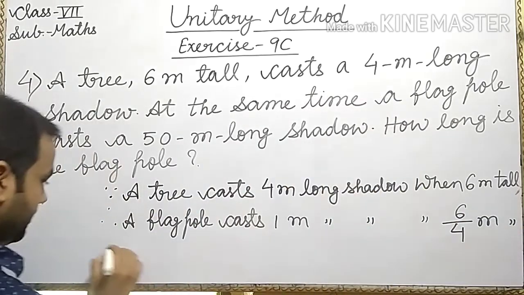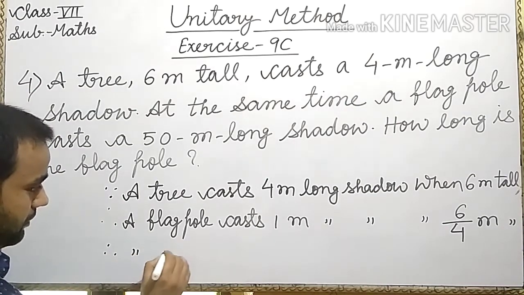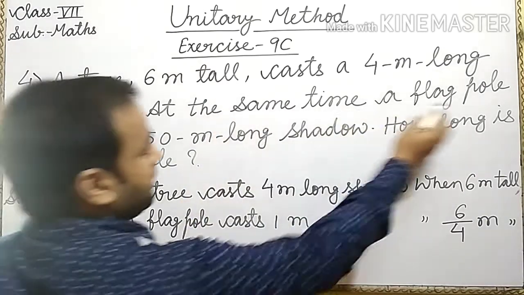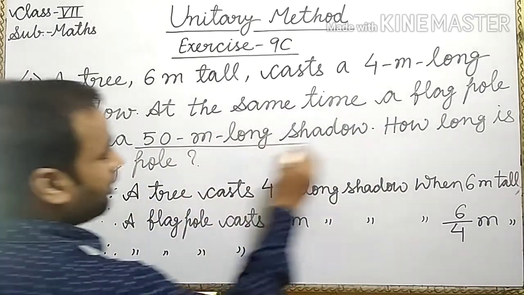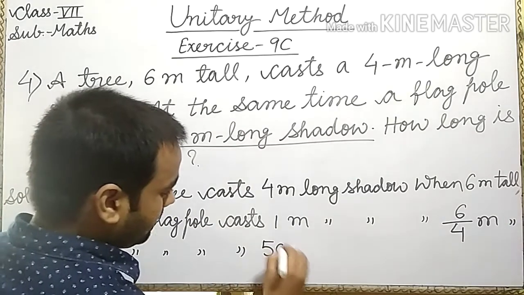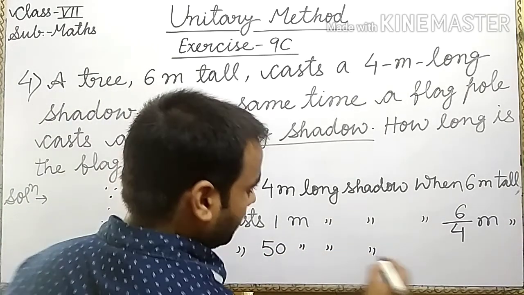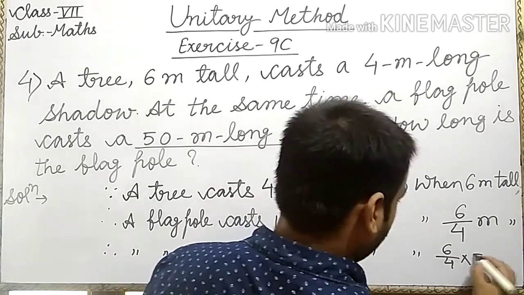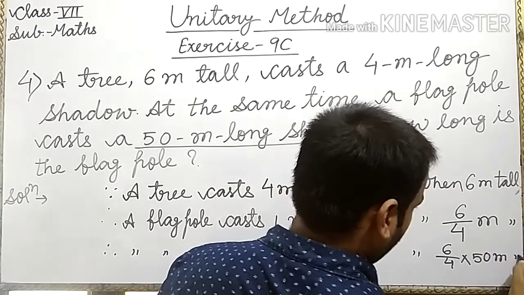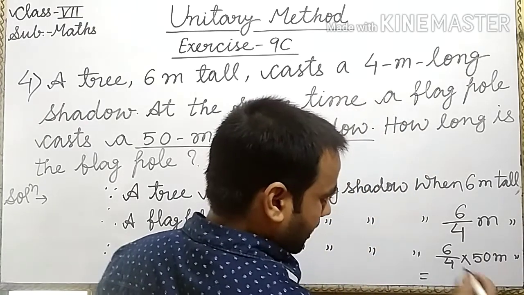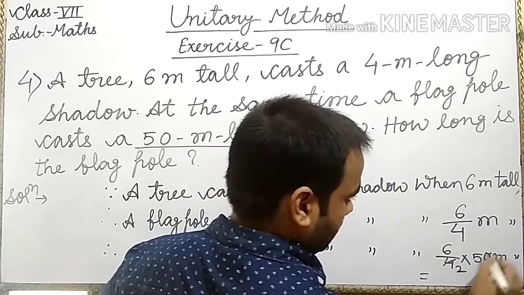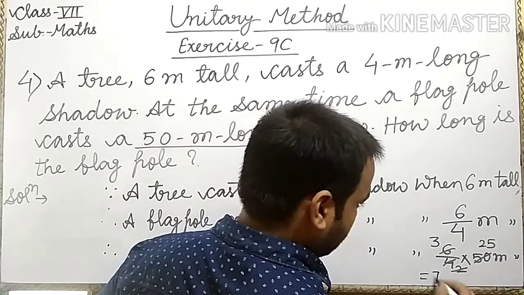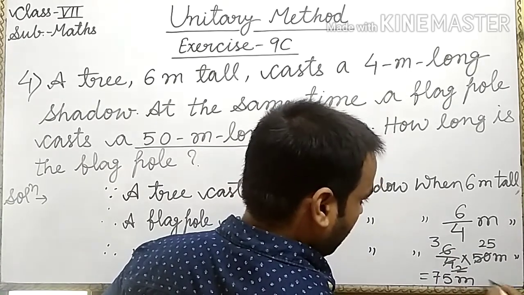Is it clear? Given at the same time a flagpole casts a 50 meter long shadow. For a 50 meter long shadow, 6 upon 4 into 50 meter tall. So here 2 twos are 4, 25 twos are 50, 2 threes are 6, 25 threes are 75 meter tall.